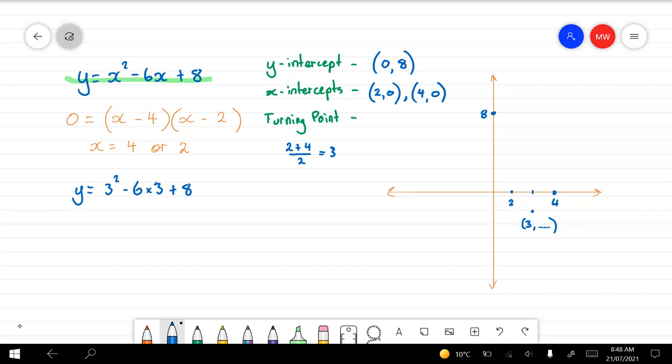Remembering your order of operations, BODMAS, it's orders or brackets first. There's no brackets here, so orders, then multiplication, then addition. So it's going to become 9 minus 18 plus 8, which would give us -1. And so our turning point will happen at 3, -1.